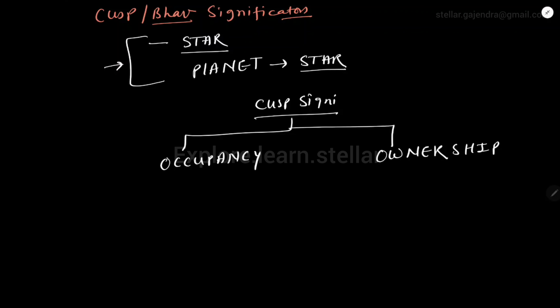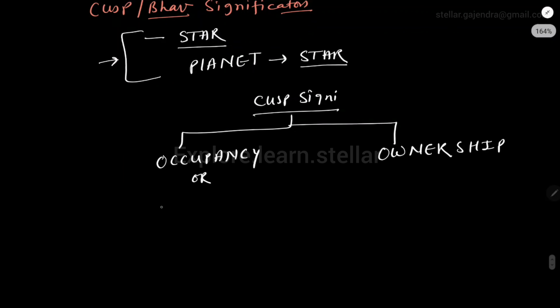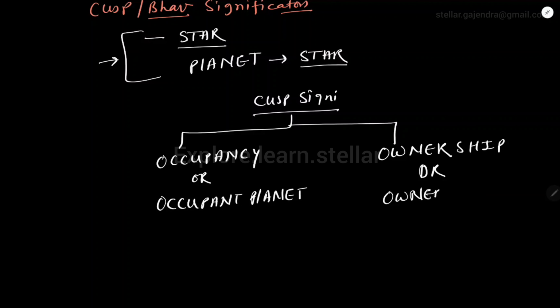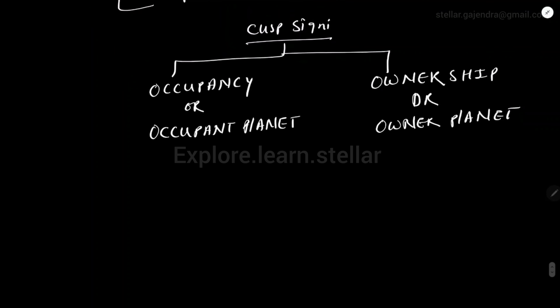Via the occupancy, we mean the occupant planet in that particular bhav, and ownership means the owner of the sign rising in that particular bhav. So we know the rule that a planet will give the result of its star first and then the self. So we have to apply this over here as well.